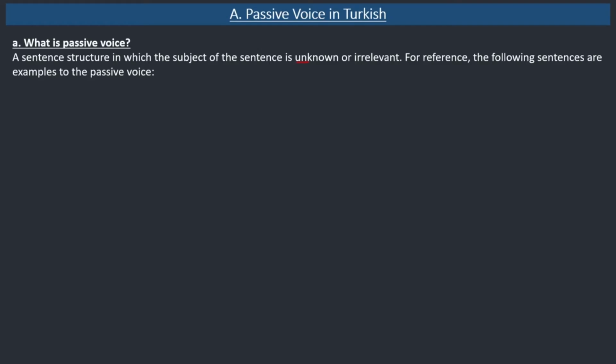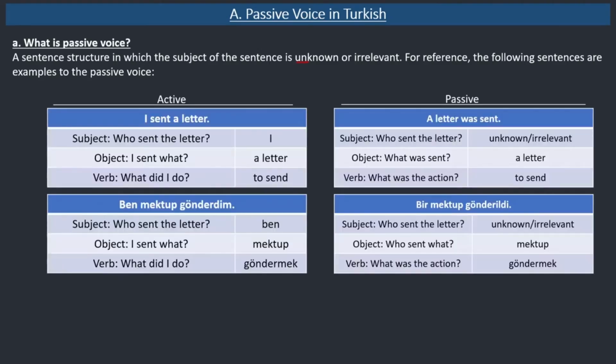So now there's a comparison between the Turkish and English sentences. A different sentence. I sent a letter. A letter was sent. In the passive voice, who sent the letter? I don't know. Someone. Like a letter came in, but I don't know who. In the active voice, I know it.